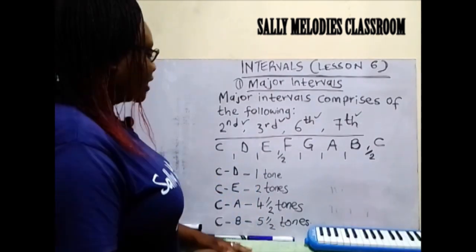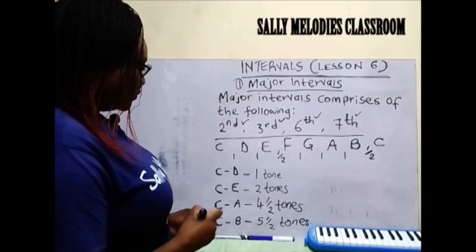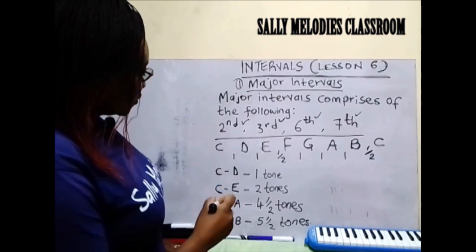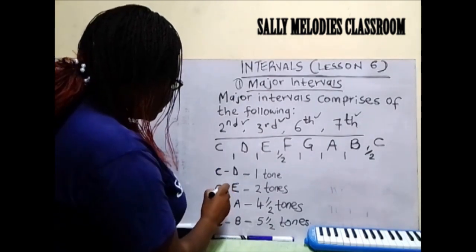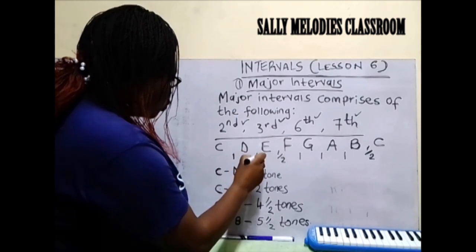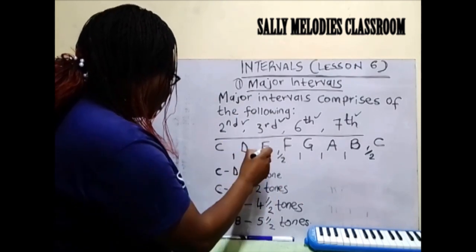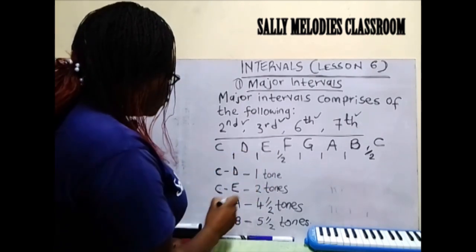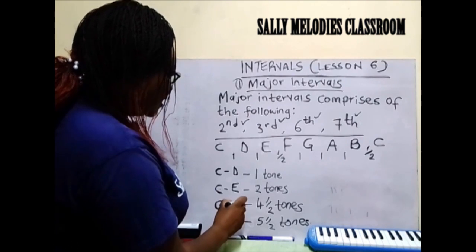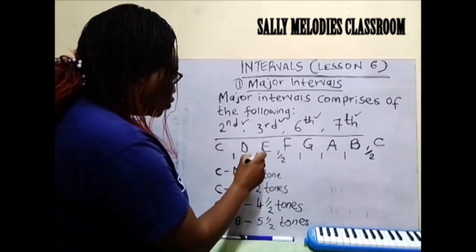From our example here, we can see that from C to D is a tone. From C to E, there are 2 tones, 1, 2. From C to A, that is a sixth. We have 1, 2, 3, 4, and a half.